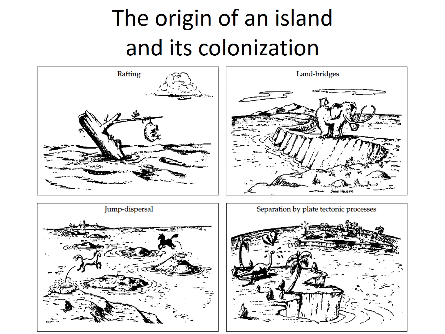Okay? Now, land bridges. Land bridges is another mechanism that would allow organisms to move from some source, usually the mainland, and get to the island. Here we've got an elephant or a mammoth walking across a land bridge, getting from one giant landmass to another.